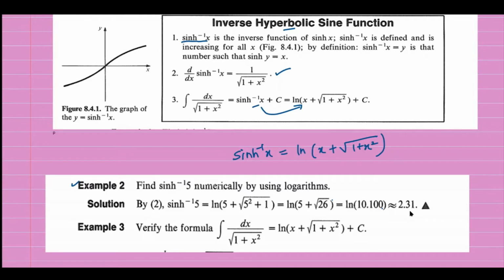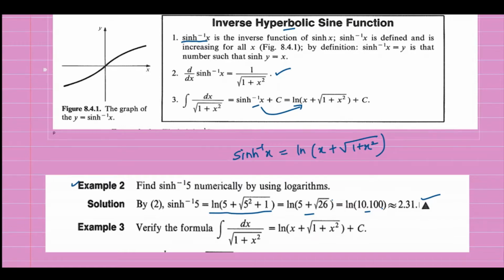So here instead of x we will put 5. We will get natural logarithm of 5 plus square root of 5 square plus 1. So this is logarithm of 5 plus root of 26, and you can find the approximate value using the calculator.